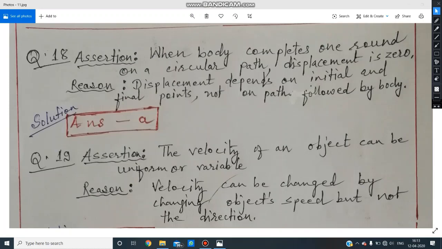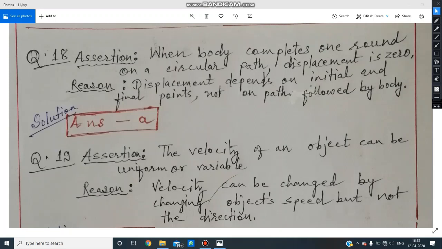Now, reviewing the assertion statement once again, when body completes one round on circular path, definitely it will be coming back to its initial point, and in that case, the initial and final points are the same, and that's why displacement will be zero. So we agree with the assertion statement, which is true.